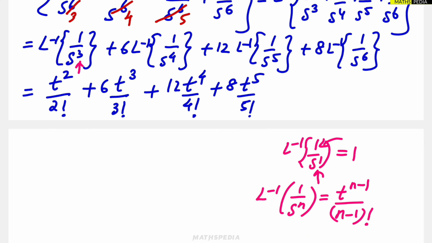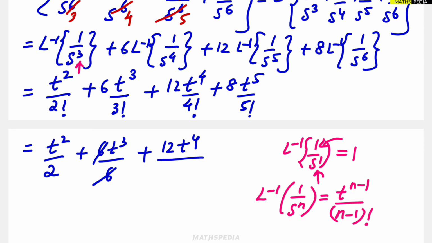Now we can simplify this one. T square divided by 2 factorial is 2, plus 6 into t cube divided by 3 factorial, which is 3 into 2 into 1, which is 6. This and this is gone. Plus 12 into t power 4 divided by 4 into 3 into 2 into 1, so 4 threes are 12, cancel, remaining is 2.